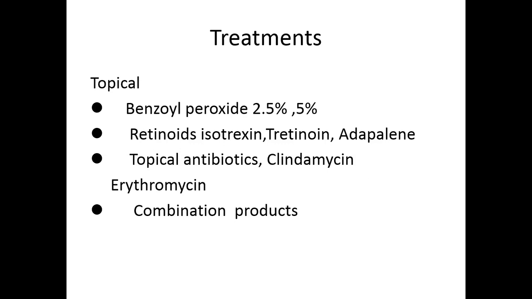The topical treatments consist of benzoyl peroxide, either 2.5% or 5%, retinoids, isotretinoin, tretinoin, adapalene, or topical antibiotics in the form of clindamycin, erythromycin. There are also combination products like a benzoyl peroxide and antibiotic combination, or retinoid and antibiotic combination, or benzoyl peroxide and retinoid combination, which gives better results.